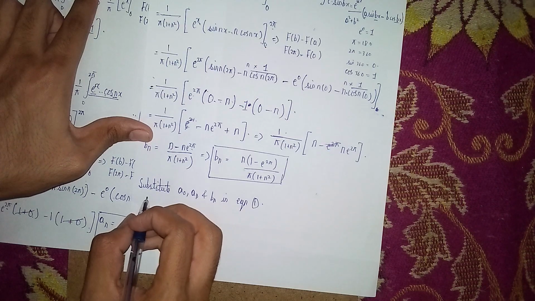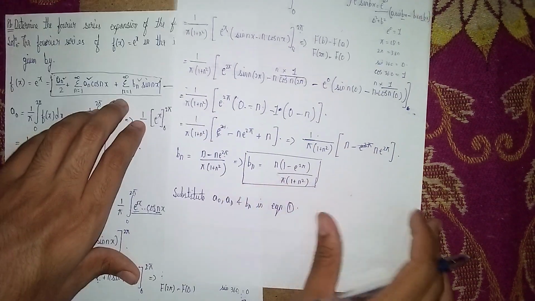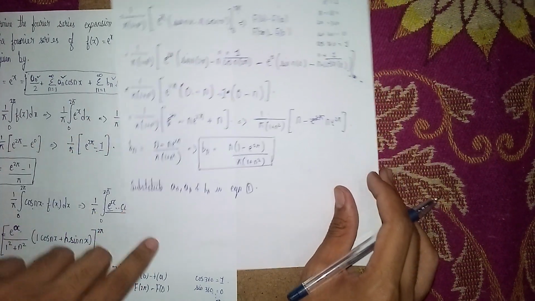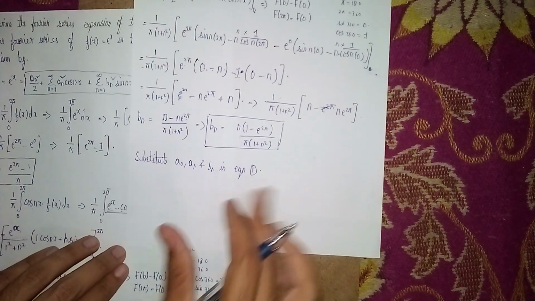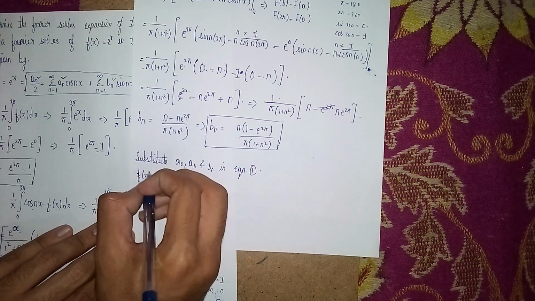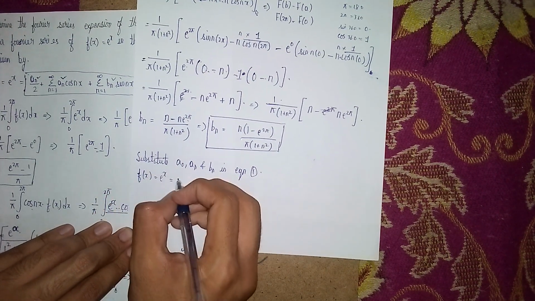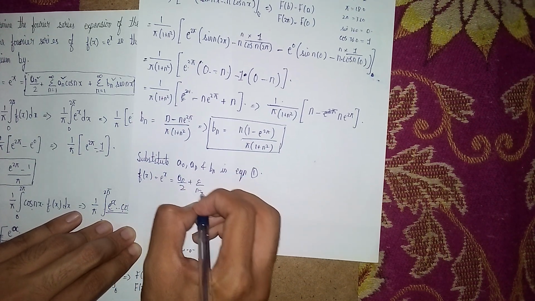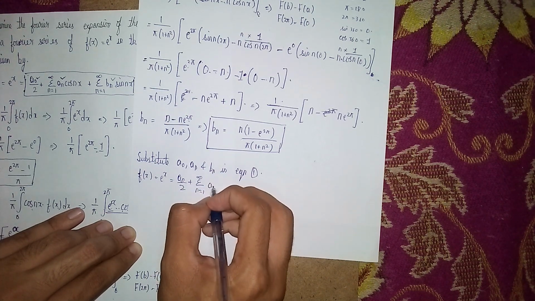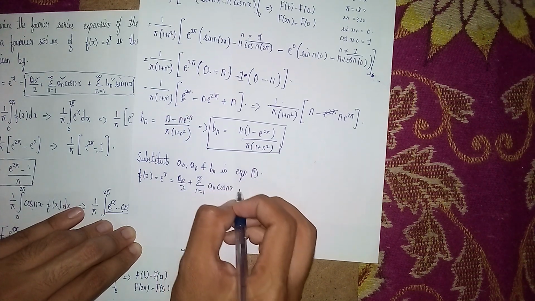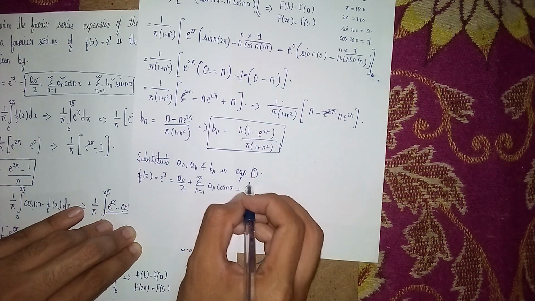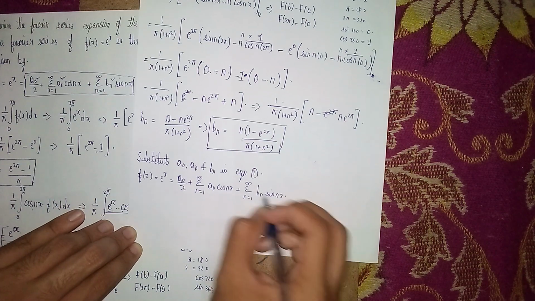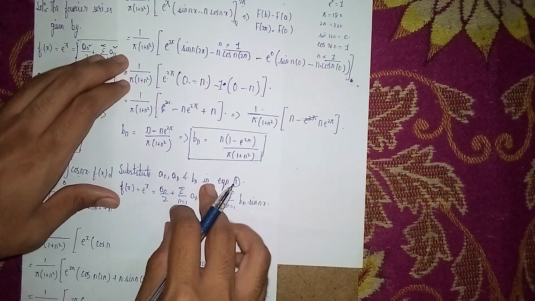So equation 1 is f of x is equal to e power x is equal to a naught by 2 plus summation of n is equal to 1 to infinity an cos nx plus summation of n is equal to 1 to infinity bn sin nx. Now simply substitute the values of a naught, an and bn here. So we get the value.